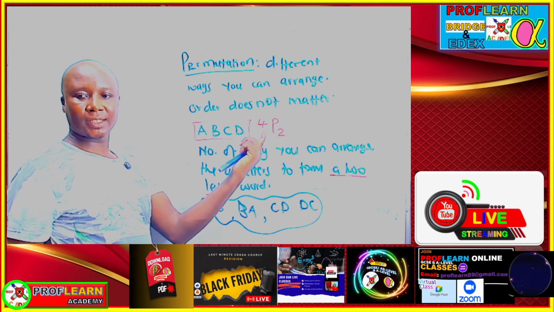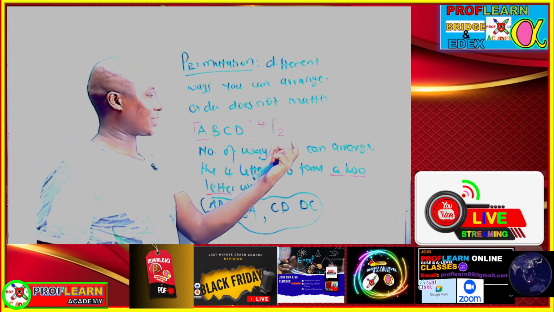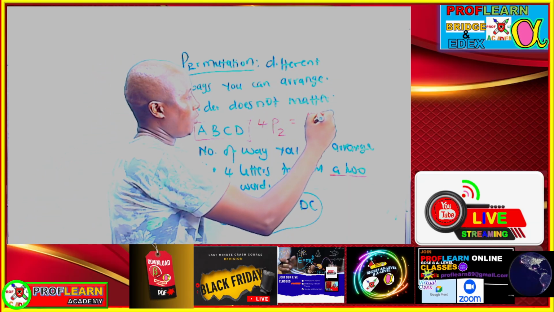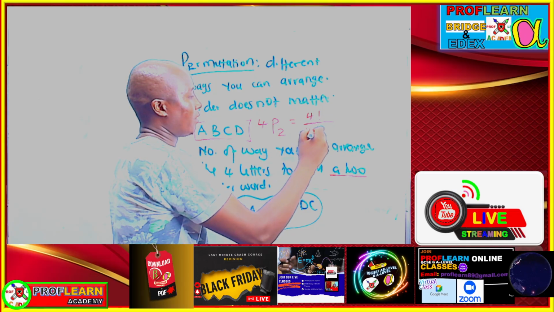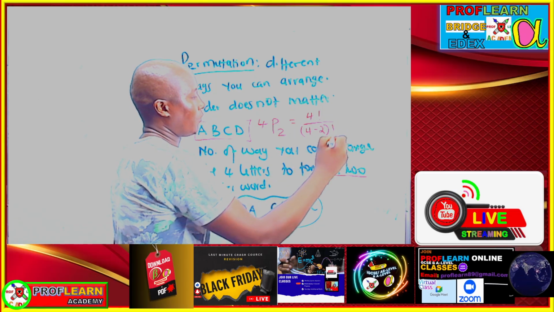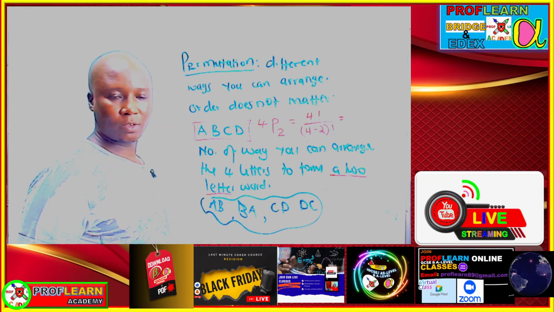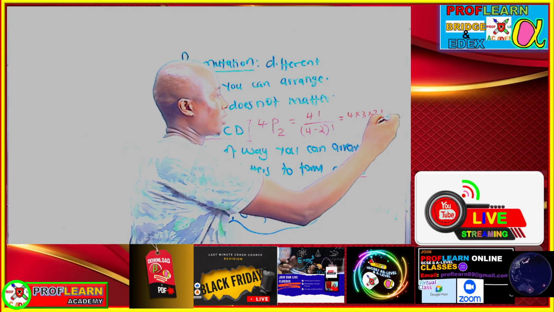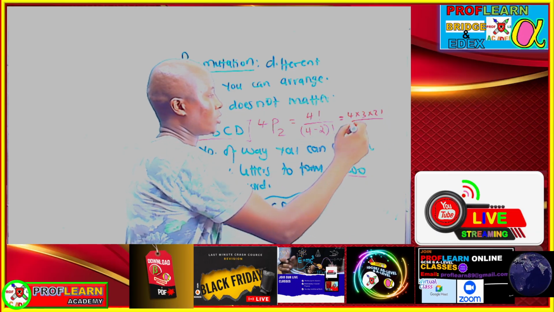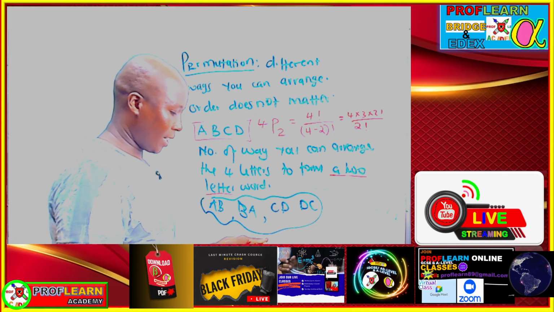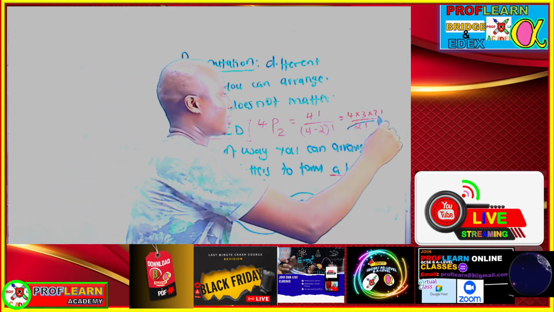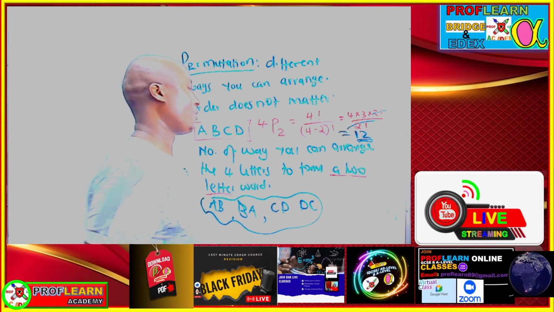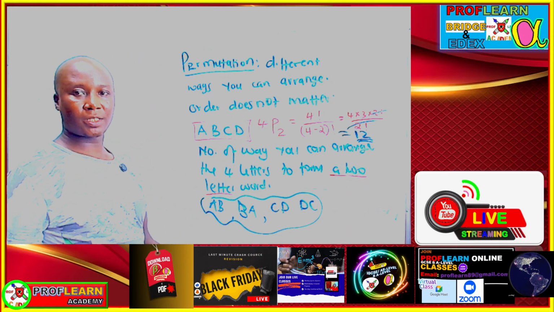I have 4 letters that I need to arrange so that I have 2-letter words from there. So that is equal to 4 factorial divided by 4 minus 2 factorial, and that translates to 4 times 3 times 2 factorial, because 4 minus 2 is 2 factorial. Now at this particular point, we have the right to cancel this and that. So we are going to have 12 different options in this particular case.